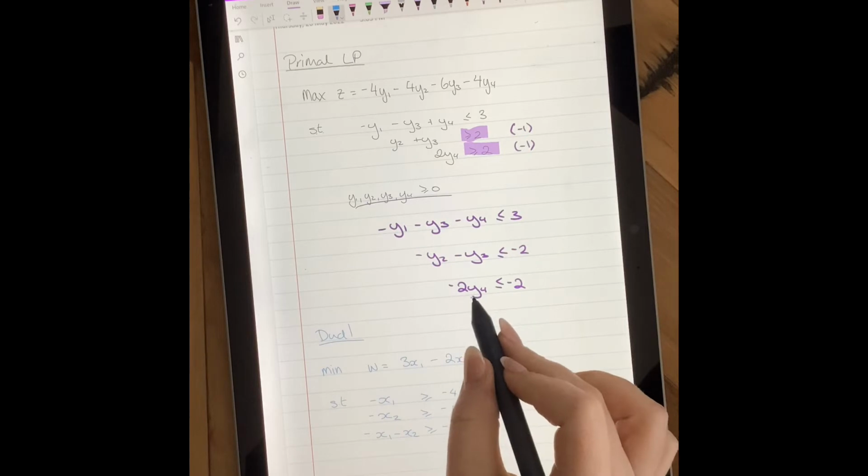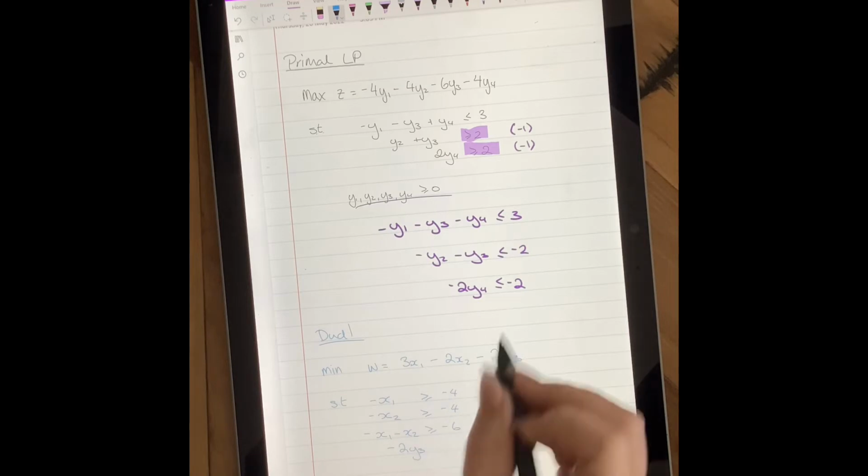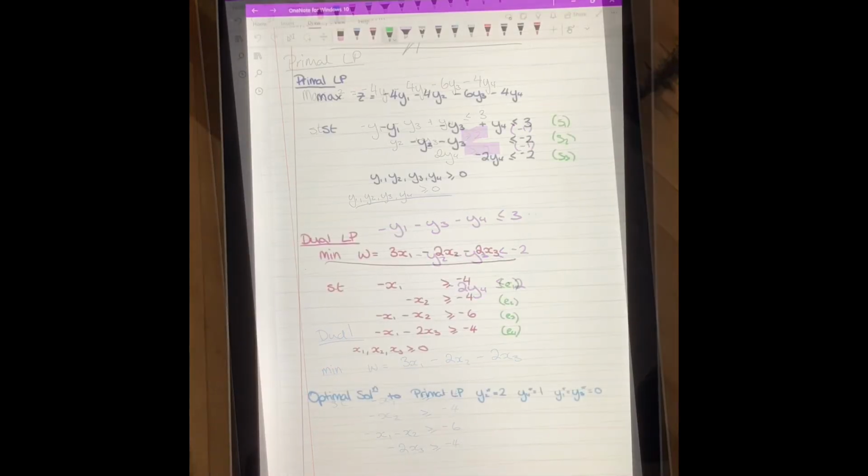And then for the last one, it's -2x3, because it's the third constraint, greater than or equal, sorry, that's x3 greater than or equal to 4. So this is now your dual LP.